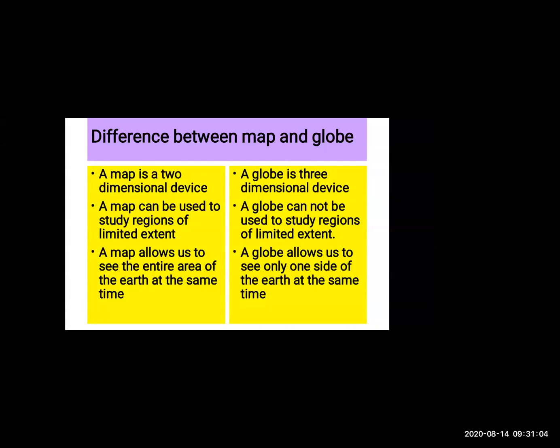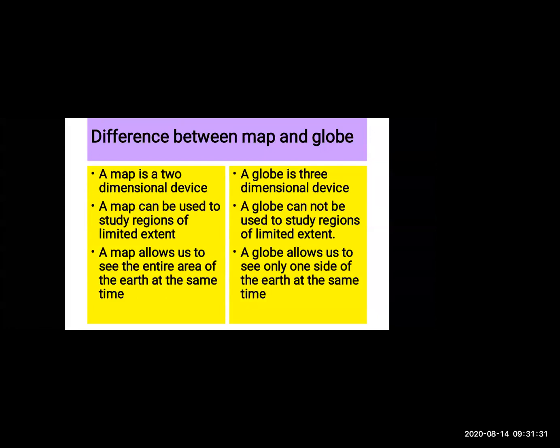Number three, a map allows us to see the entire area of the earth at the same time. We have seen in the world map, we can study all the 7 continents and 5 oceans on the same map. A globe allows us to see only one side of the earth at the same time.